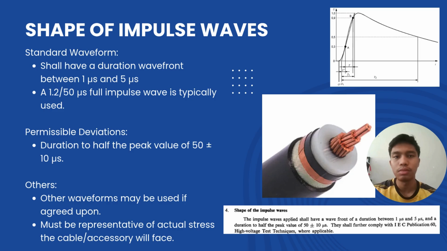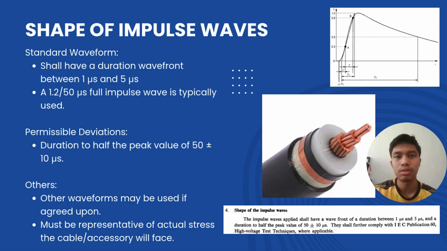The wave must be representative of the kind of electrical stress the cable or accessory could encounter in a real overvoltage situation. This includes avoiding waveforms with overshoots, oscillations, or other distortions that could invalidate the test results.